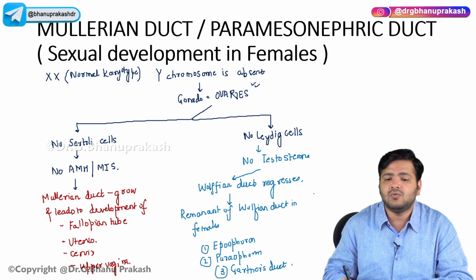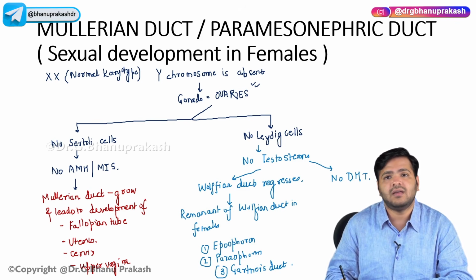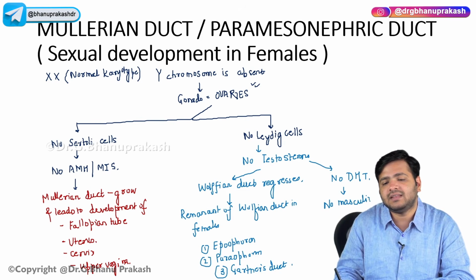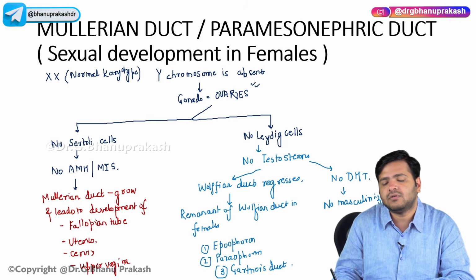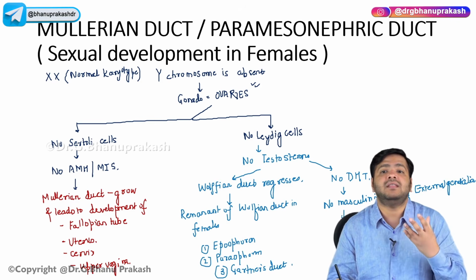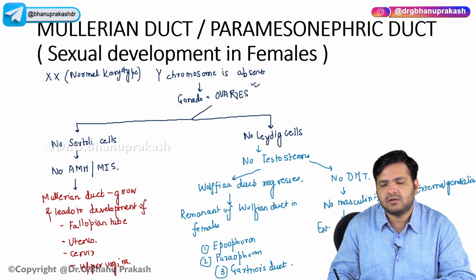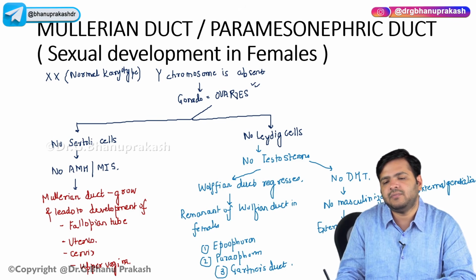Apart from that, if there is no testosterone, there will be no conversion to dihydrotestosterone, so there will be no masculinization of the external genitalia, and due to this the external genitalia looks like female.